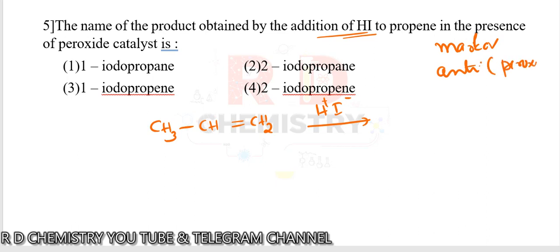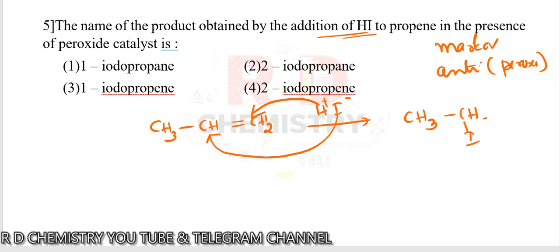Anti-Markovnikov rule is also known as the peroxide effect. Now if I take HI here, H plus will go to that double bonded carbon containing more number of hydrogen. Negative part will go to that carbon containing lesser number of hydrogen. Therefore, I should get CH3, CHI, CH3. This is Markovnikov's rule.